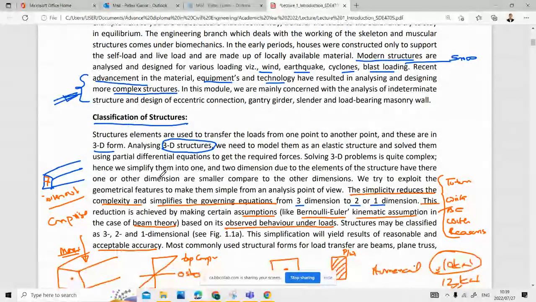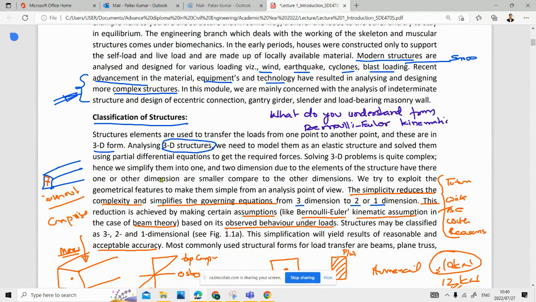The very first question: what do you understand from Bernoulli-Euler kinematic assumptions? Explain.